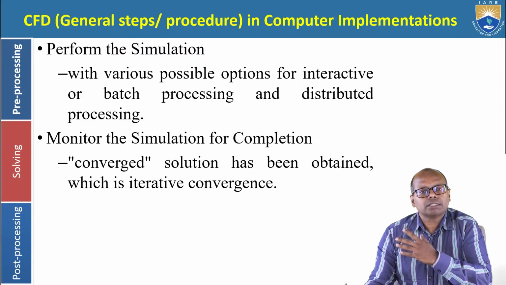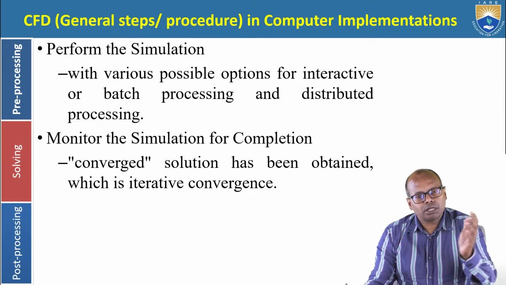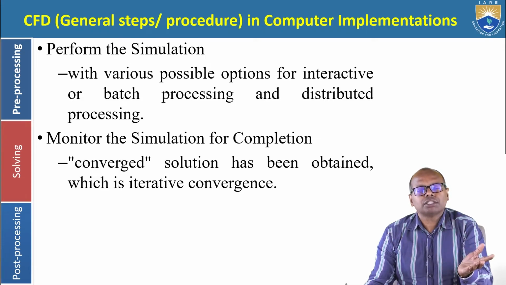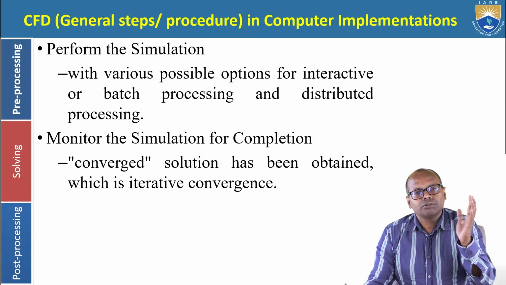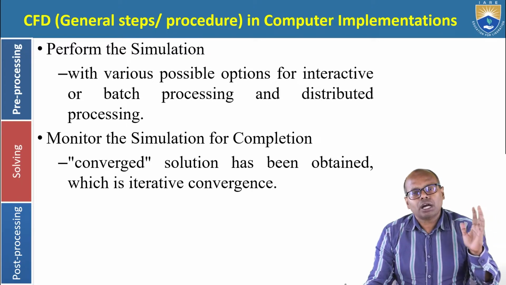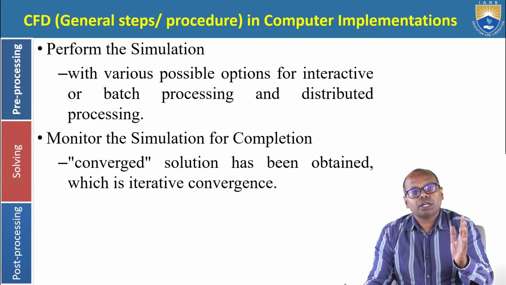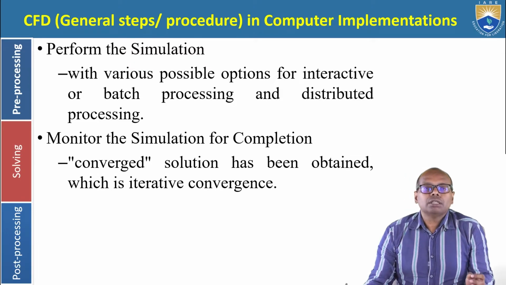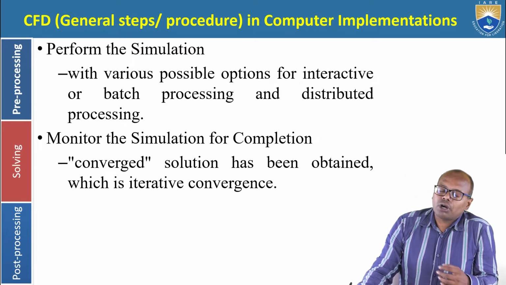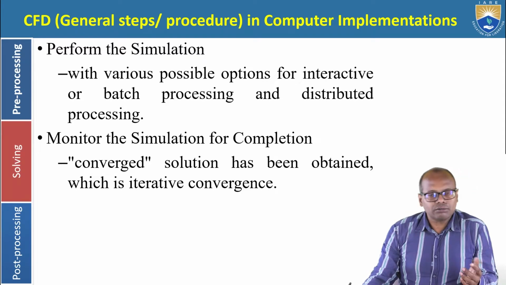Once we have created the domain, discretized the domain, given the inputs, initial conditions, and the boundary conditions, all these things are done. Then we have to set up the convergence criteria.